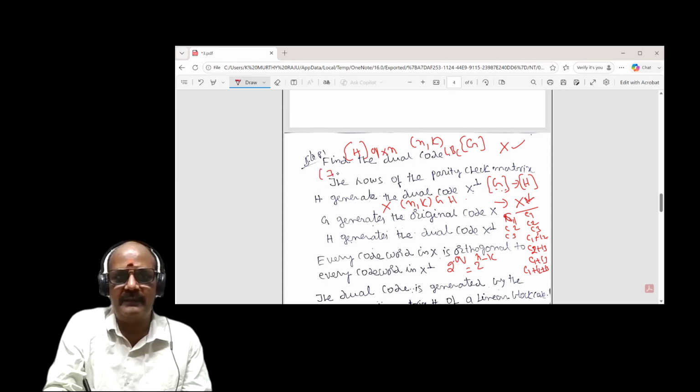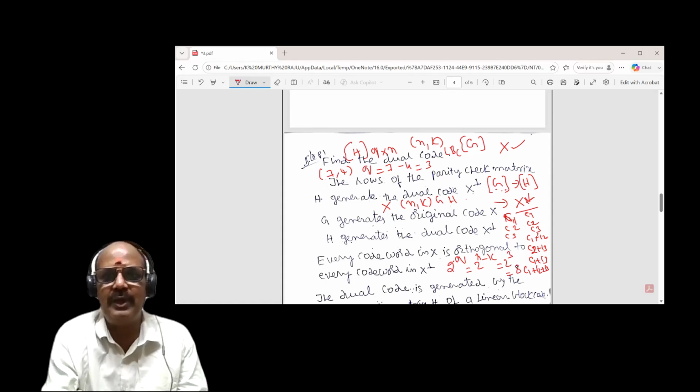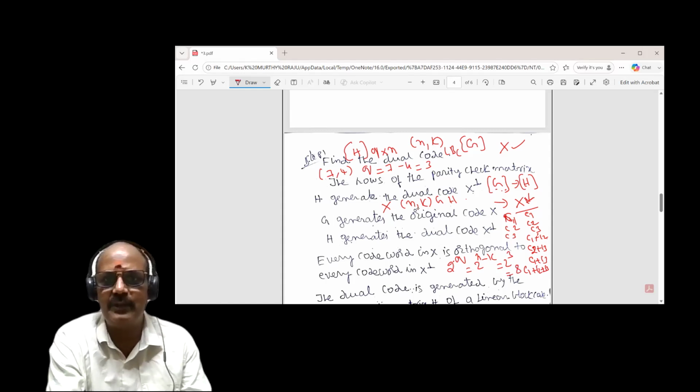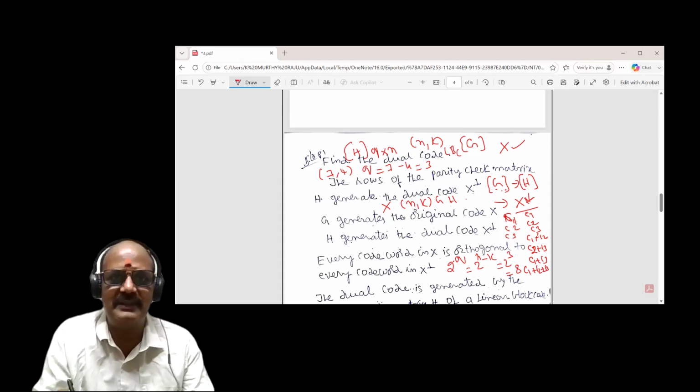Suppose (7, 4): q is equal to 7 minus 4, that is 3. 2 cube is equal to 8 dual code words are obtained. 8 dual code words are generated from this parity check matrix.